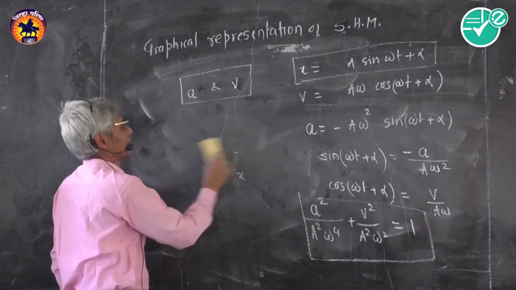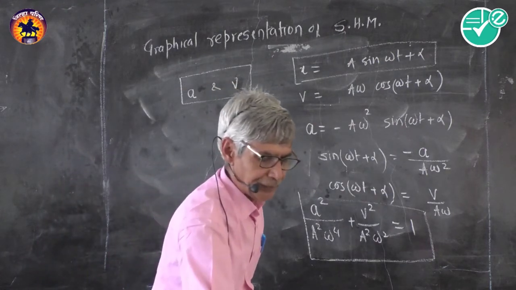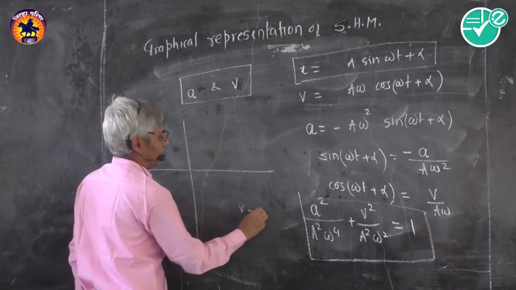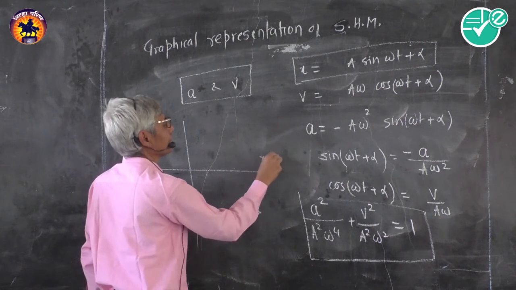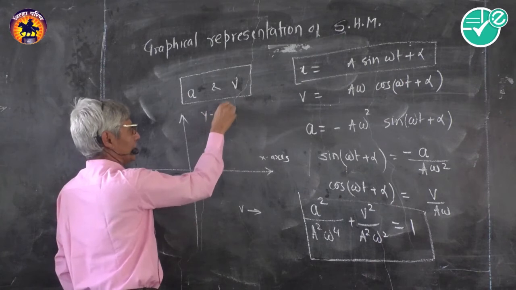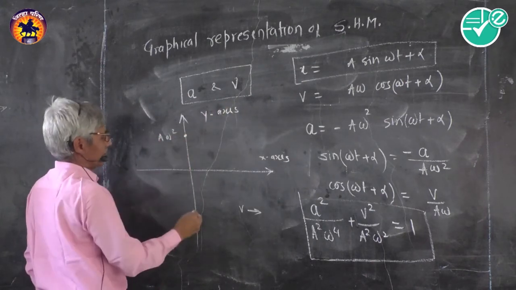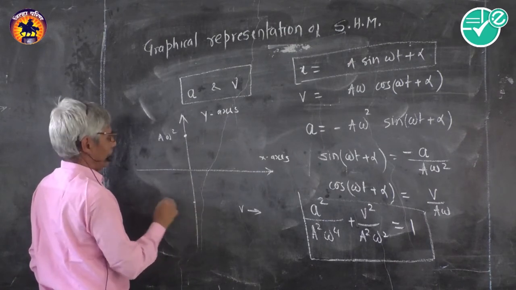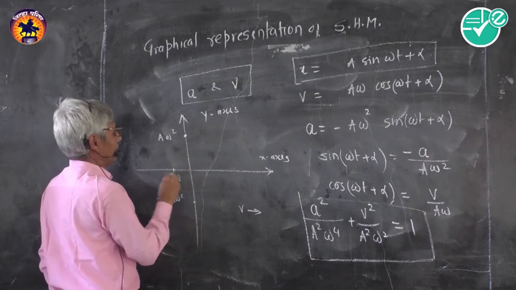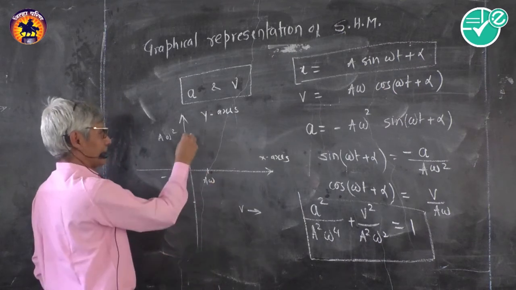So the variation of the acceleration with respect to velocity is represented graphically by taking velocity along the x-axis and acceleration along the y-axis. This is A omega square and minus A omega square, and A omega with negative sign and A omega with positive sign for velocity.